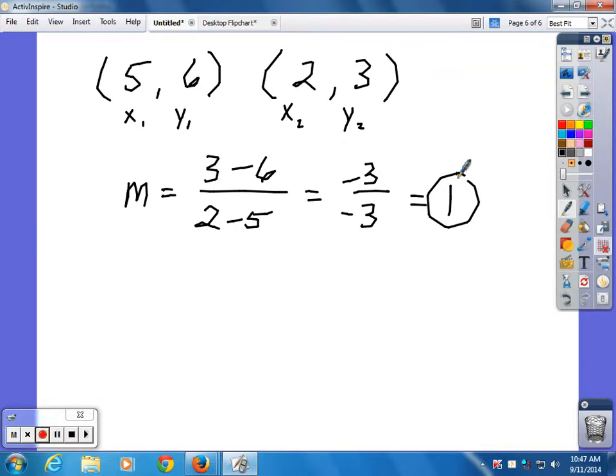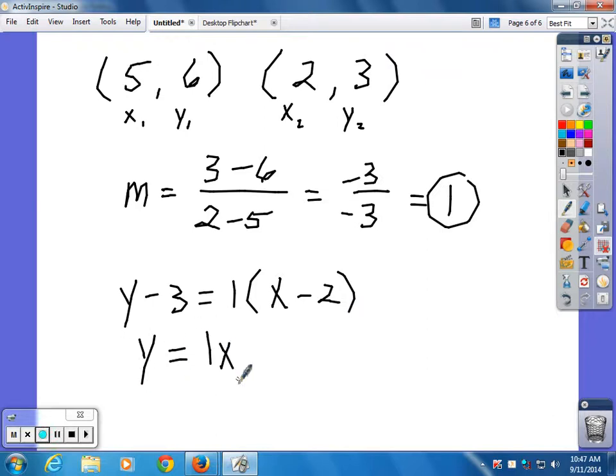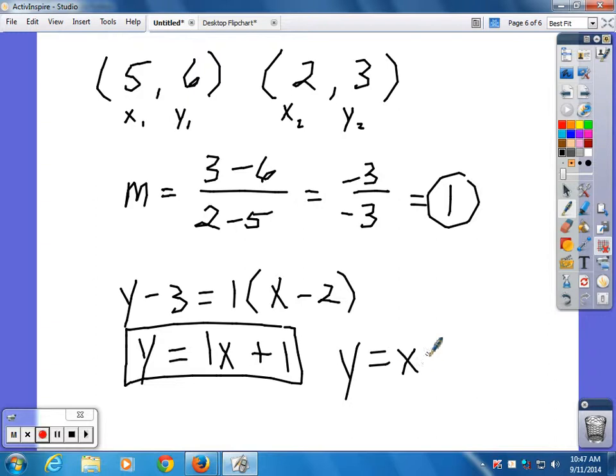So y minus 3 is equal to 1 times x minus 2. Y is equal to 1x. And what's minus 2 plus 3? 1, Hubert. That's right. So your answer is y is equal to x plus 1.